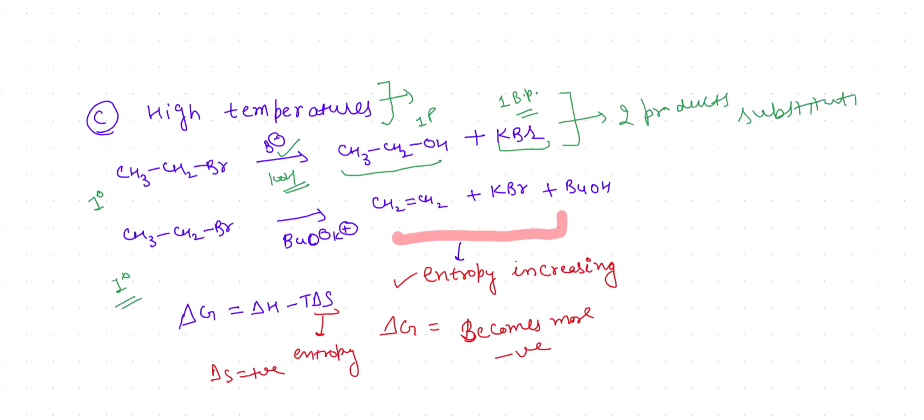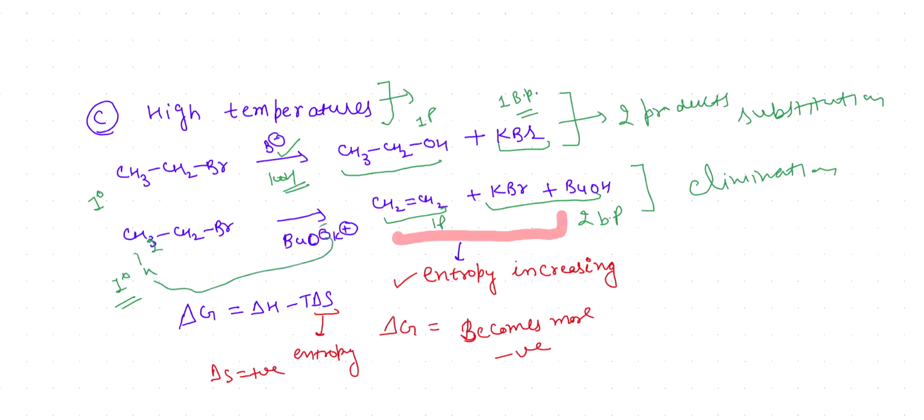But in the second case, that is the case of elimination, it was observed that there is formation of one product and two byproducts. H is abstracted from here, and there is formation of a double bond.